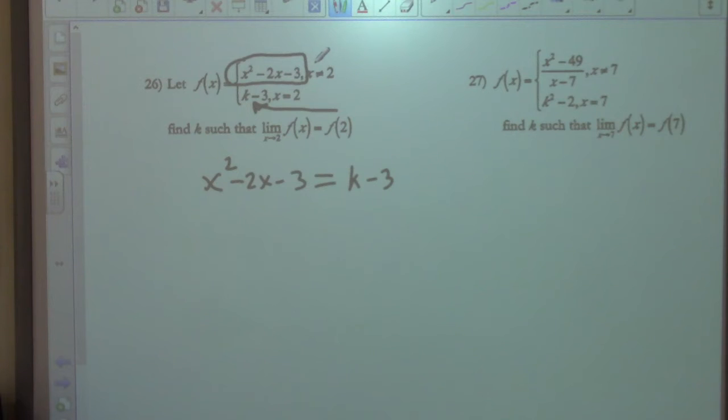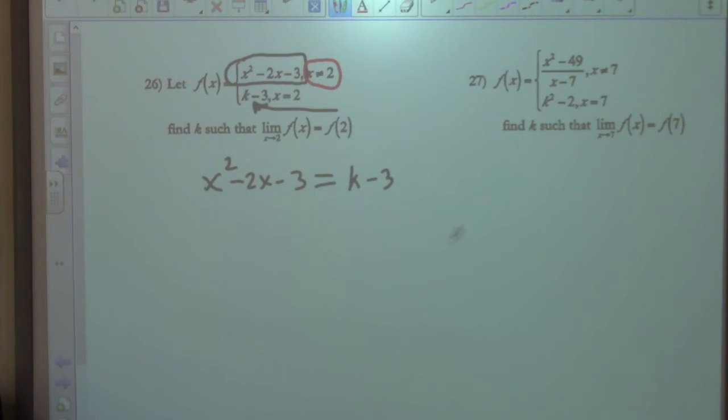Yes, because it applies for x being not equal to 2. So everywhere x does not equal 2, this is what applies. And so what it's saying is we're trying to find the left hand and right hand limit where x is equal to 2.